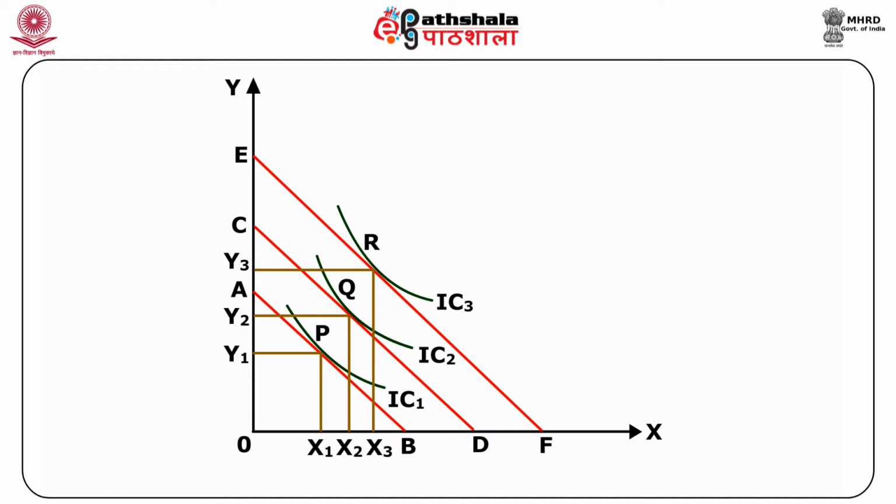At the higher indifference curve IC2, the consumer satisfaction increases so that he is better off at Q as compared to P. If his income increases further to M3 so that the budget line shifts to EF, the consumer reaches the indifference curve IC3 at point R and purchases greater quantities of both the commodities.